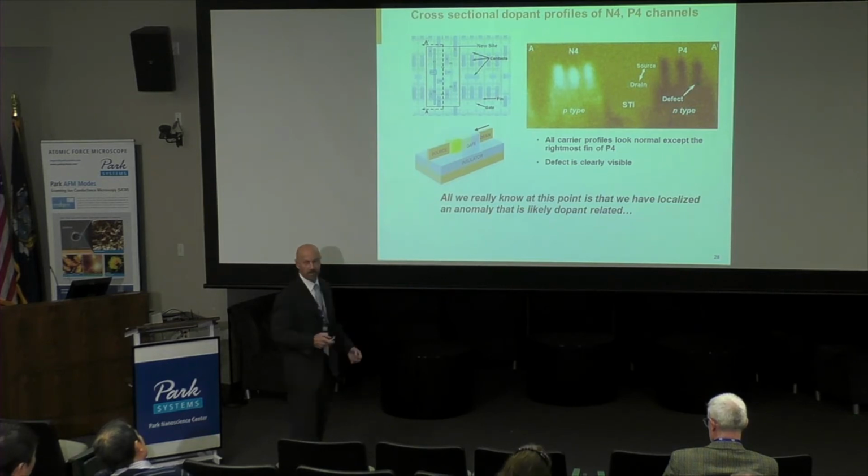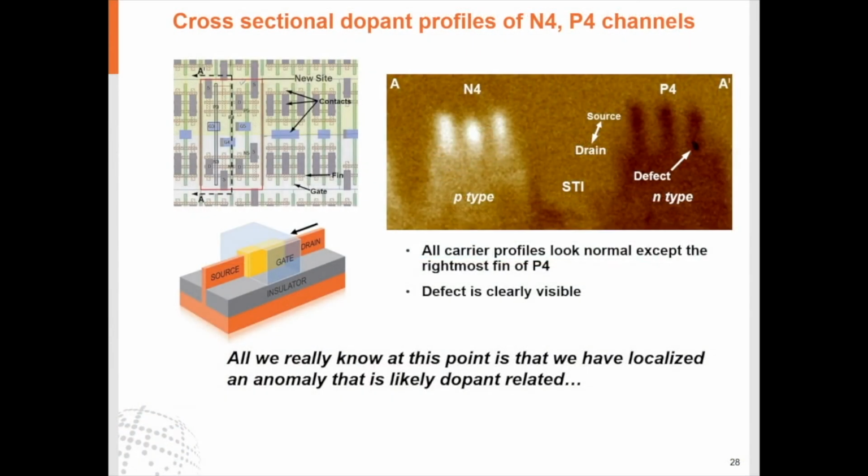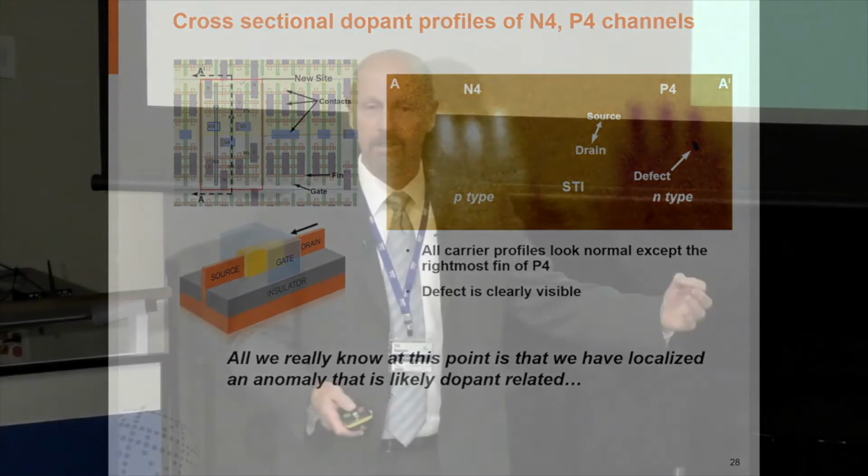Right there, there's clearly a defect in that one fin, this tiny spot. So we know we've got a localized defect, but that's all we know. Because if that area happened to be a lower concentration than the surrounding area, that's not a problem. If it's got a higher concentration than the surrounding area, it is a problem. So how are we going to figure that out?